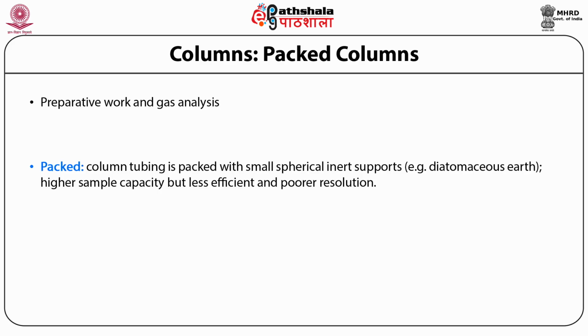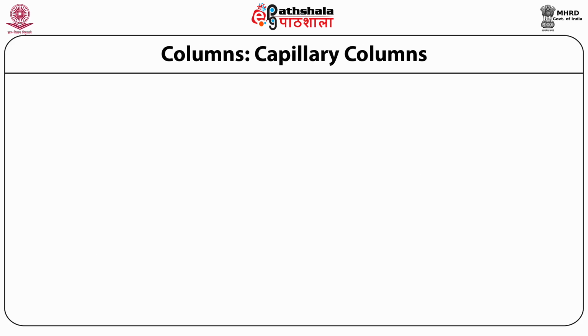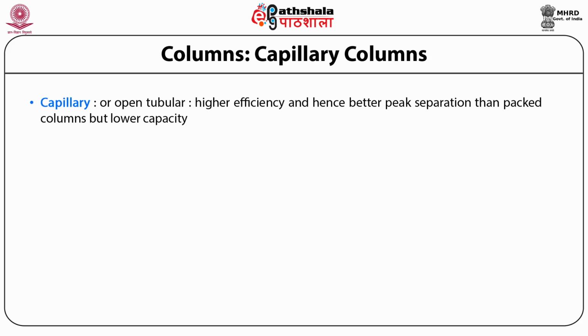Then, as I said before, the inner diameters can range from 1.5 millimeters to 6 millimeters, and it is because of this that one of the reasons is that the packed columns have much higher sample capacity. However, compared to a capillary column, they will be less efficient and the resolution will be much less. As against the packed columns, there are capillary columns or open tubular columns. They have a much higher efficiency and hence better peak separation than packed columns, but because of their diameters, their capacity is much lower.